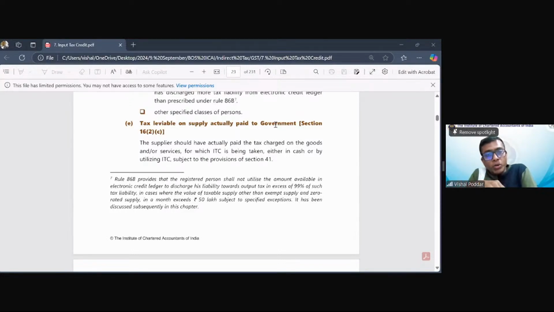It reflected in your 2A. So only matching was complete. Now, this by itself was not proof that the supplier has actually paid the tax. For that, they have introduced this condition to ensure that whatever the supplier uploaded, he has actually paid the tax.